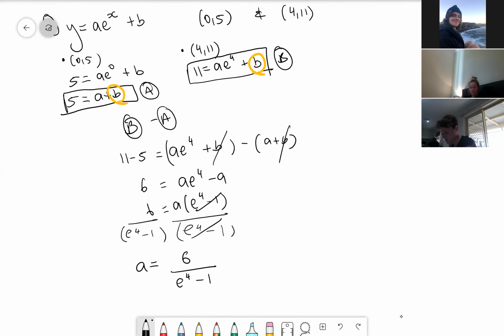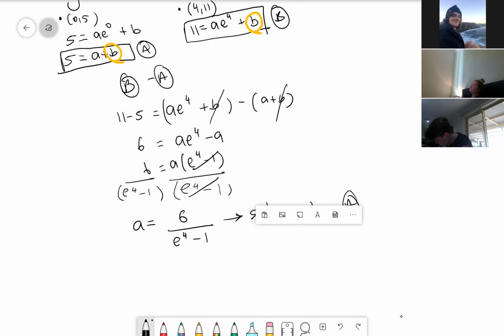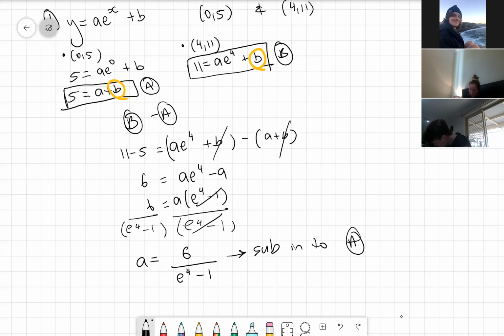And then you sub that into the first or second equation. Let's do it into the first one, a plus b, that's probably better. I forgot what a was.